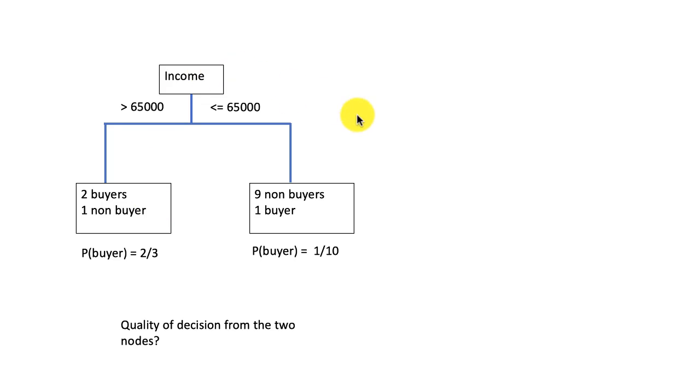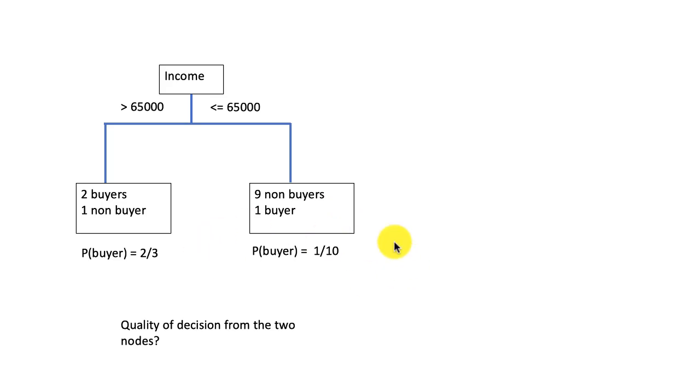For example, if our data set were slightly larger, then the thing could completely turn out the other way. It could turn out that there are more non-buyers here. Who knows? So this is something that is very fragile because it's based on a very small number of data points, whereas this one is based on a relatively larger number of data points, because there are 10 cases that satisfy this particular condition.